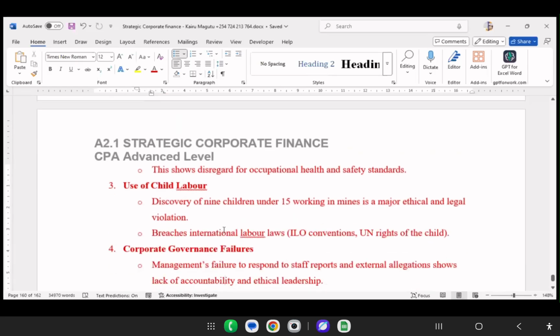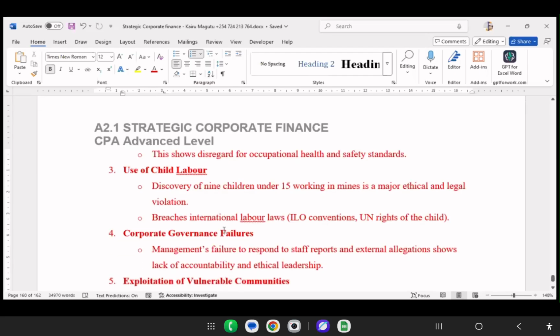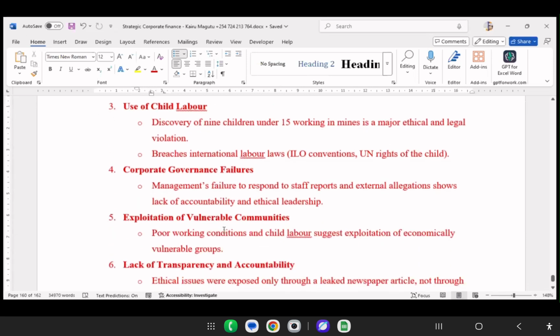Number 3 is the use of child labor. Discovery of 9 children under 15 working in mines is a major ethical and illegal violation. It breaches international labor laws, the UN rights of the child, and the convention of the ILO, International Labor Organization. Then we talk of corporate governance failure.